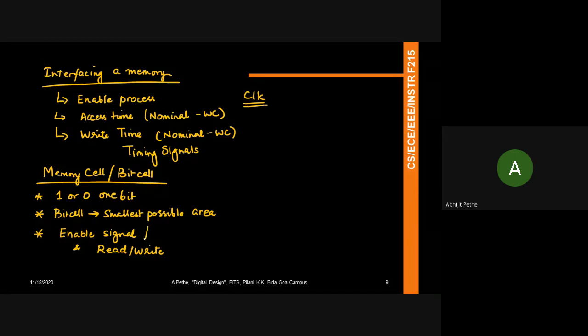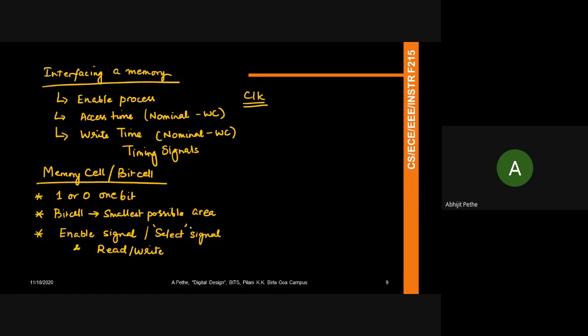Sometimes this enable signal at the bit cell level, we also call it a select signal, right? So basically what we're doing is we need a method which will individually pick a particular bit cell. Once that bit cell is picked, then you use a read or write to figure out what you're doing with the bit cell.